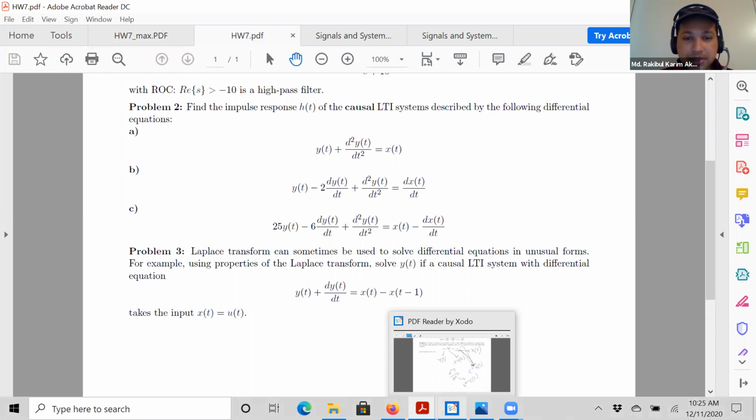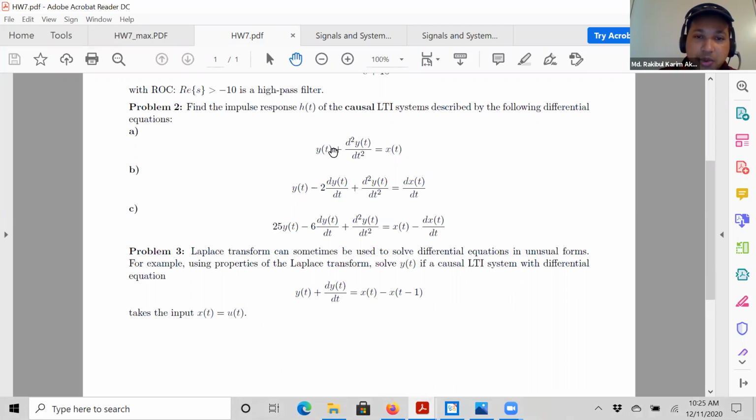Okay, let's try to solve one of the problems. The first conversion is done. y(t) becomes Y(s), and d squared y by dt squared becomes s squared Y(s).